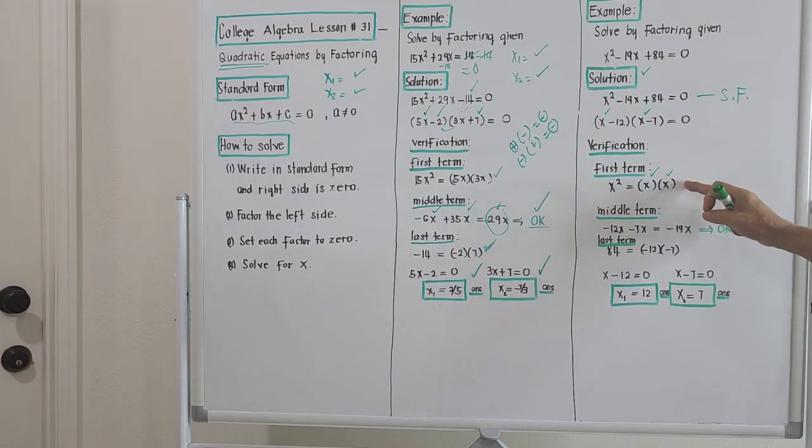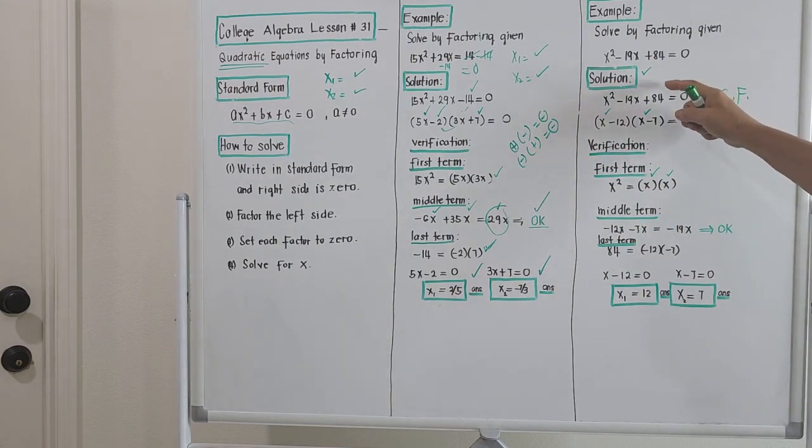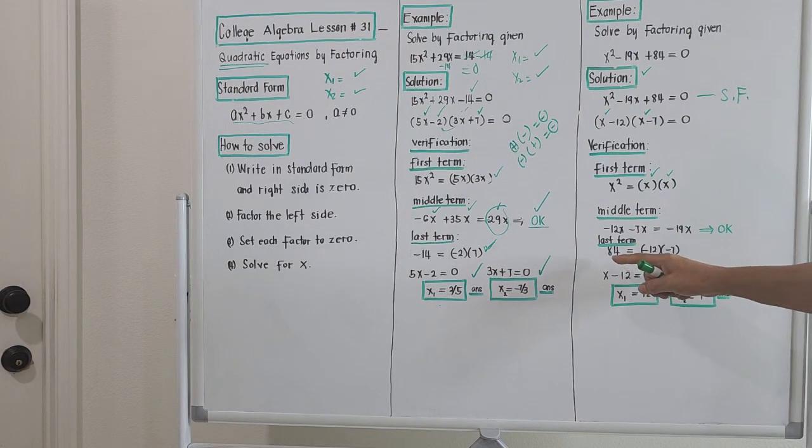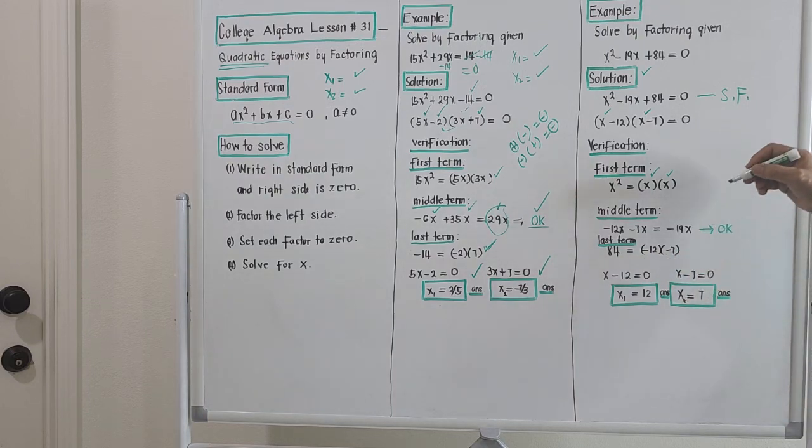Before we go to the middle term, we will go first to the last term, which is 84, the pure constant. 84 can be written as 12 times 7. For positive 84, it can be a negative and a negative, or a plus and a plus.